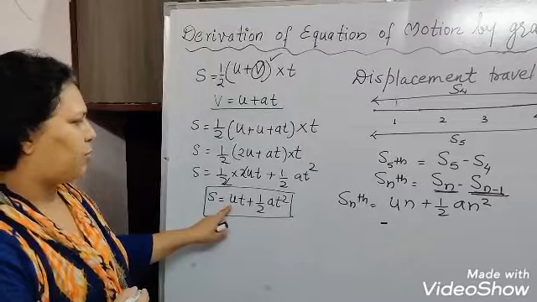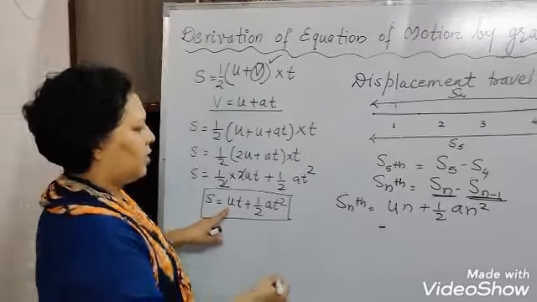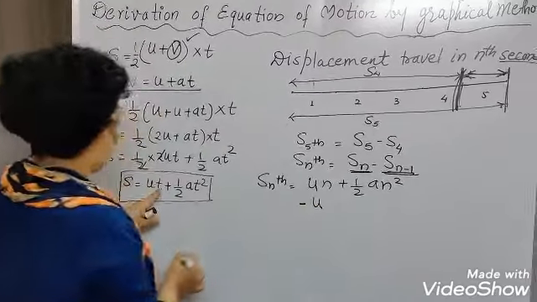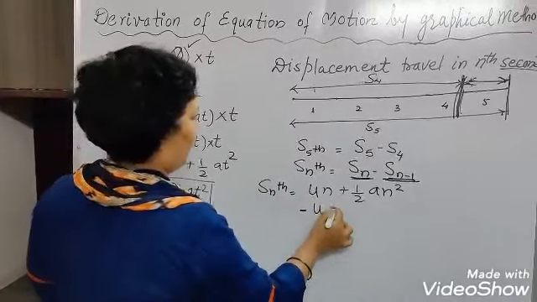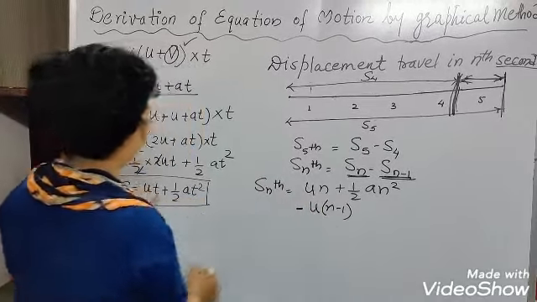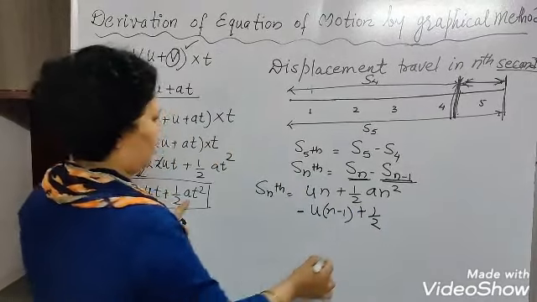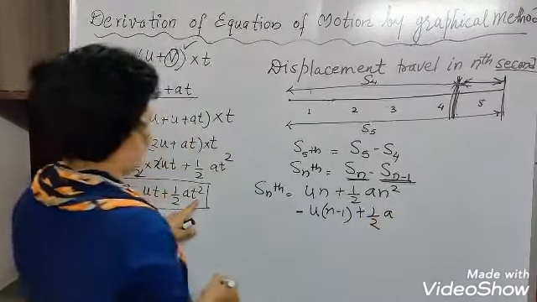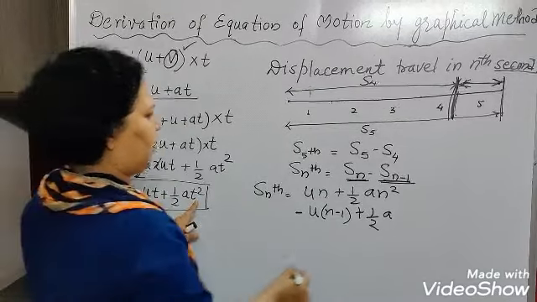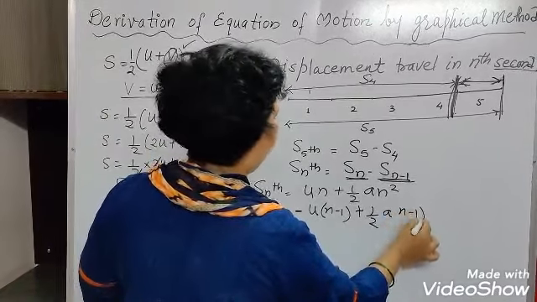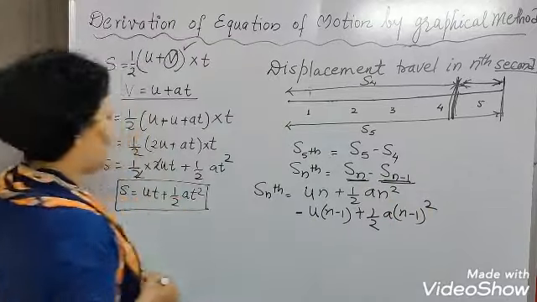So in this formula only we will write u, and in place of t we will write n minus 1, plus half a, and in place of t square we will write n minus 1 the whole square.